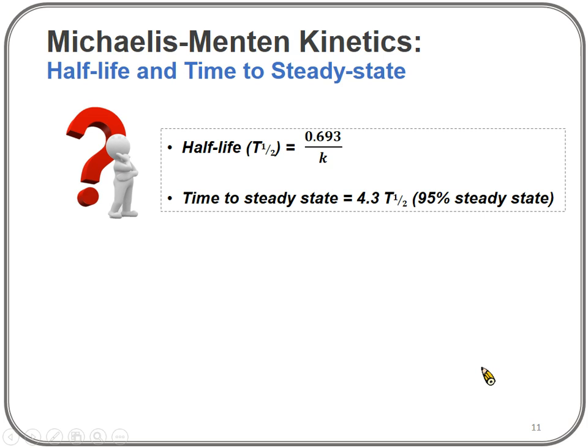All right. Then another important pharmacokinetic parameter that we are always looking for is half-life, or the time to steady state. If you remember, in first order we apply several equations, such as the half-life equals 0.693 divided by the elimination constant K, or the time to steady state is 4.3 half-lives for 95% steady state reached.